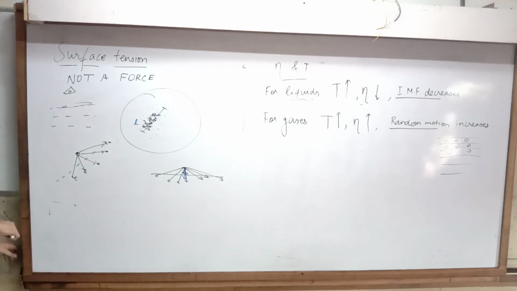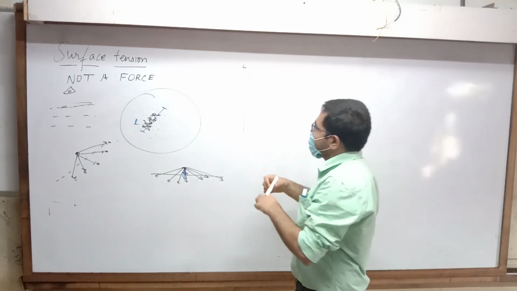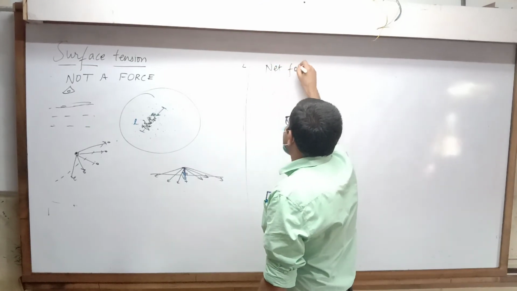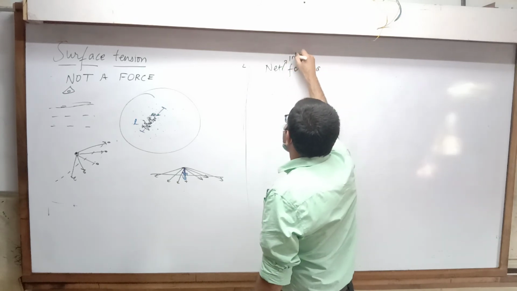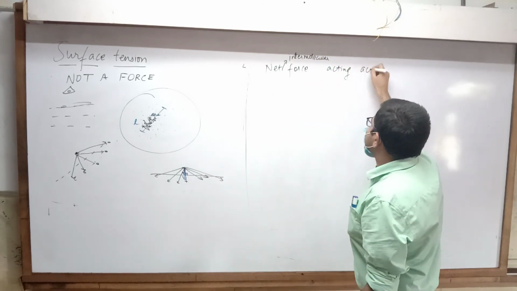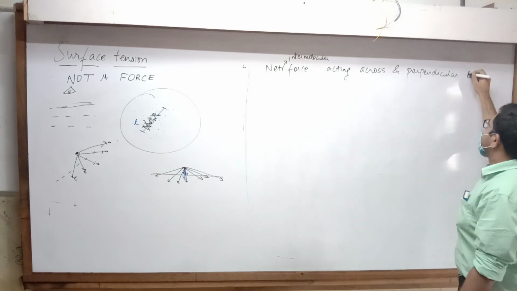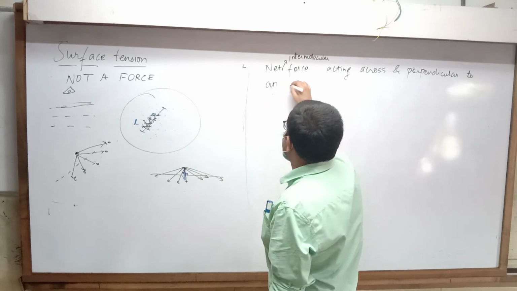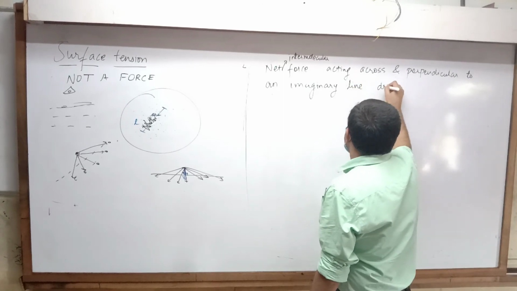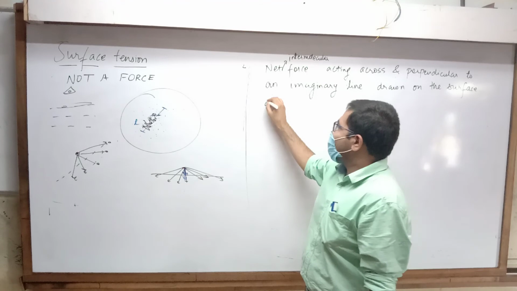Okay, so now it is time to write down the definition. Net force acting, actually net intermolecular force acting across and perpendicular to an imaginary line drawn on the surface of a liquid.